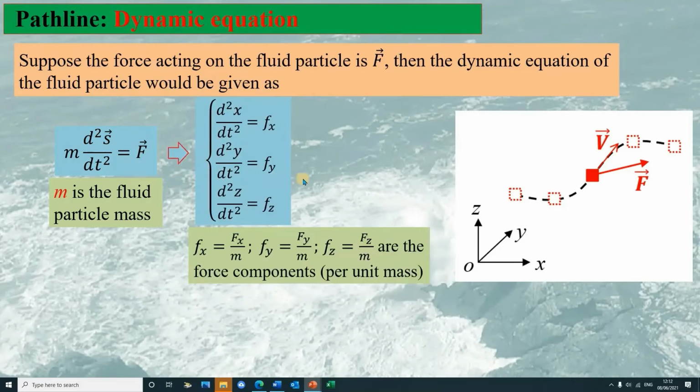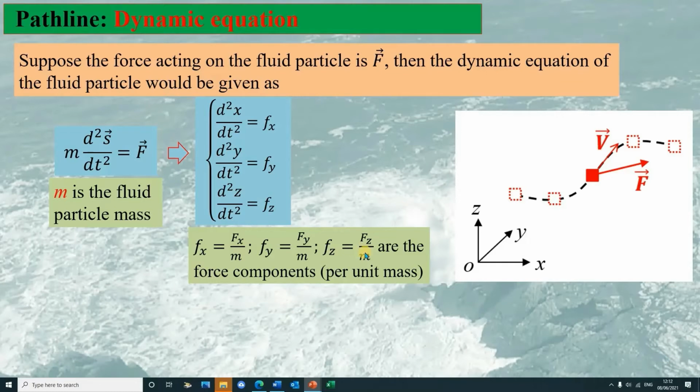This dynamic equation can be written as components for the coordinates x, y, and z. Here, fx is defined as capital Fx divided by m, fy equals capital Fy divided by m, and the same for fz.